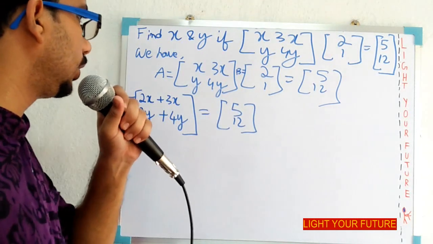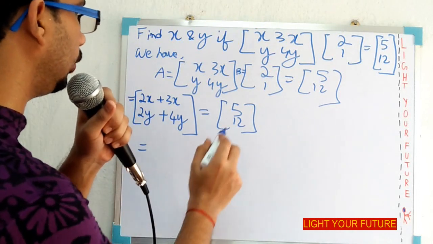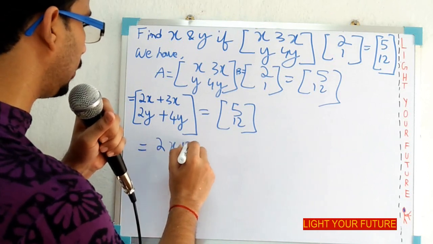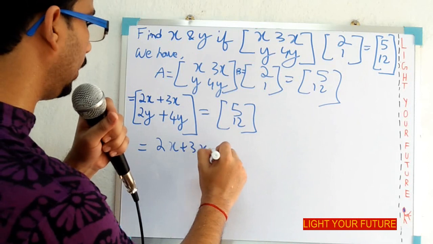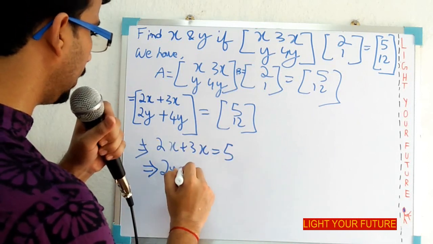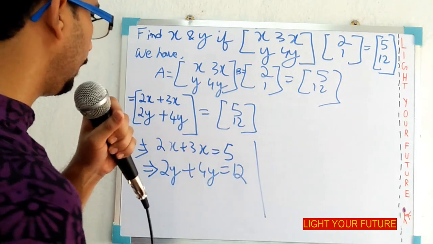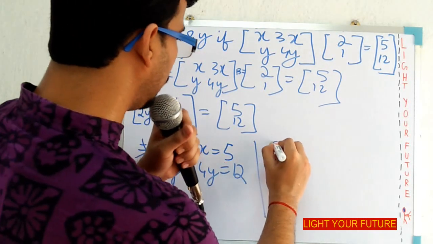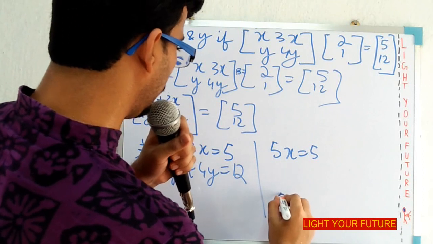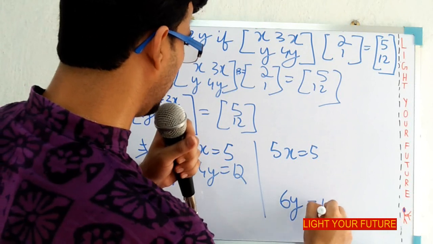Now in the last class we have learned that the corresponding elements of two equal matrices are always equal. So we can take 2x plus 3x equal to 5 and 2y plus 4y equal to 12. Therefore 5x equal to 5 and 6y equal to 12.